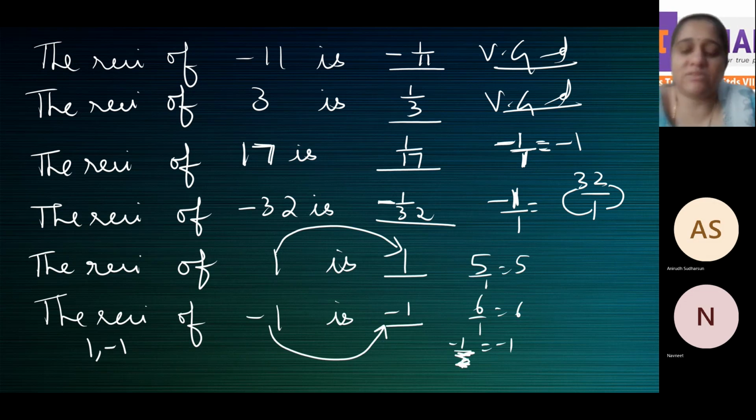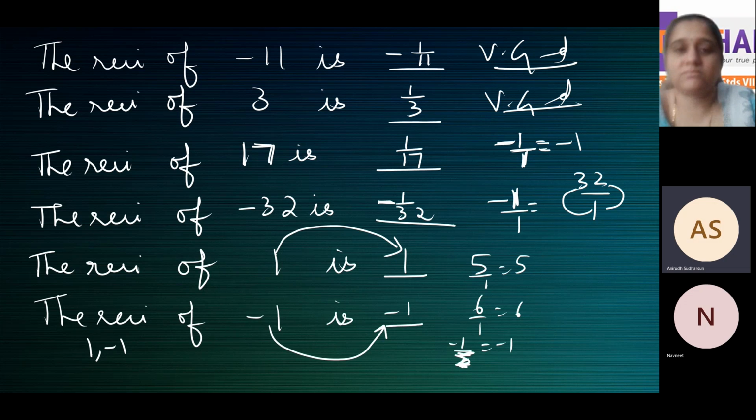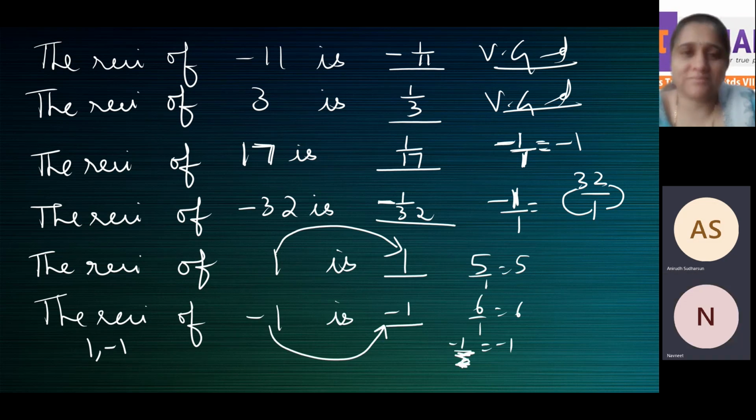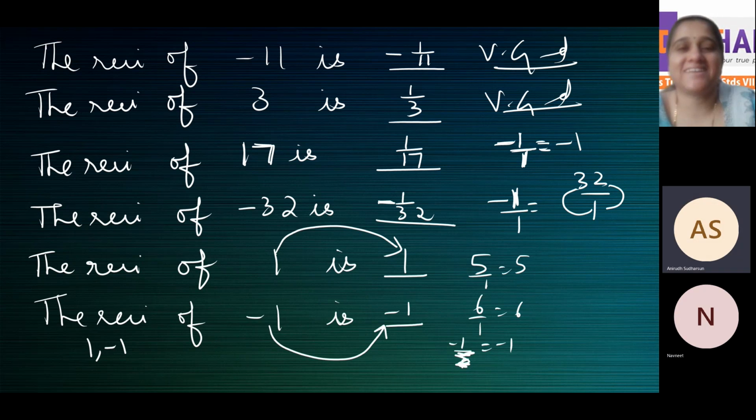Repeat all the 3 statements. Anybody can do it. The reciprocal of -1 is -1 itself, ma'am. No reciprocal is for integer 0, ma'am. Okay. And for -1, that itself, ma'am. Same only, ma'am.